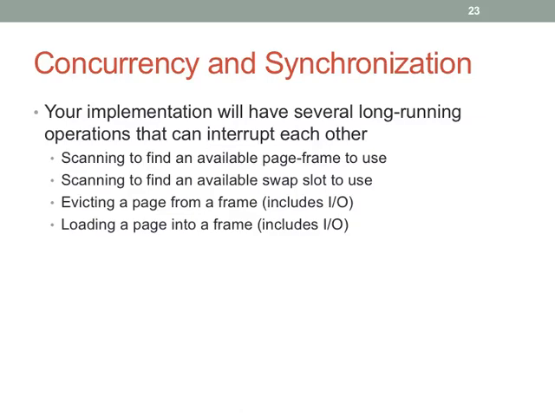I'm not going to do that for you because this is your exercise for this assignment. But you have to find an available frame to use. Okay, so that I'm going to have to look at frames. Finding an available swap slot. That'll require scanning through maybe a bitmap to figure out which slot is available. Evicting a page from a frame because that'll include I/O, or loading a page into a frame.